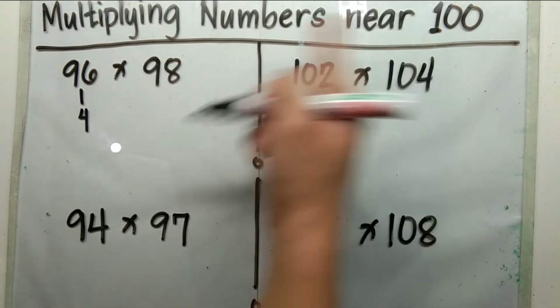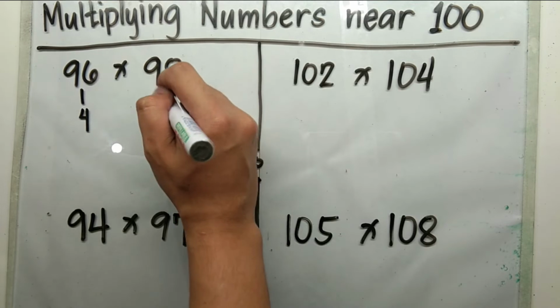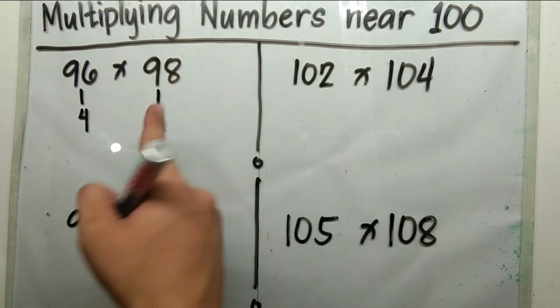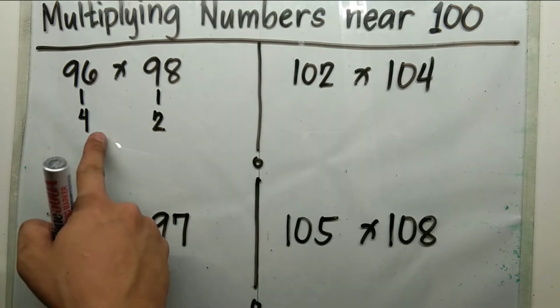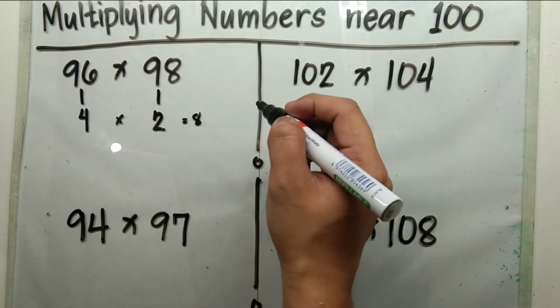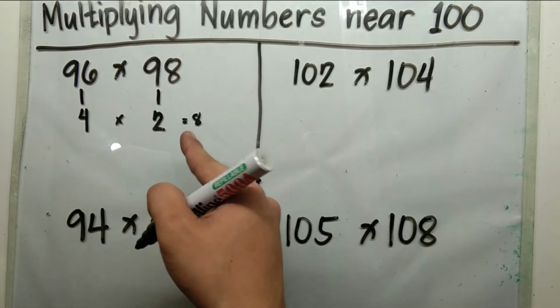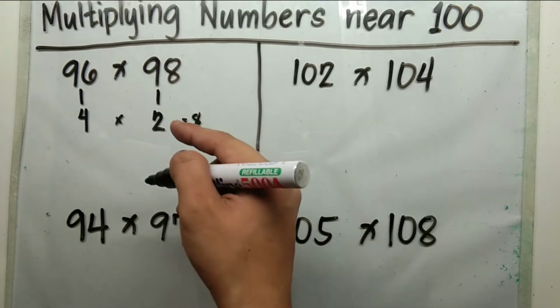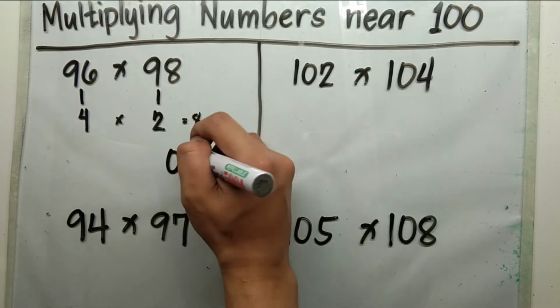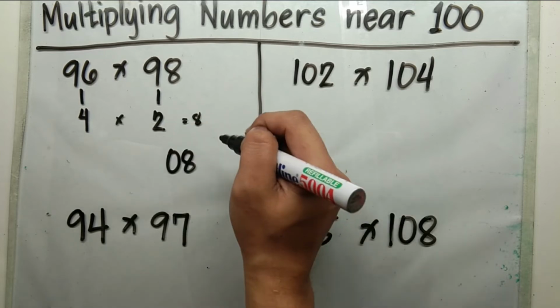Next, 100 minus 98, that is 2. After that, multiply these two differences. 4 times 2, that gives you a value of 8. This value will serve as the tens and units digit of our answer. So here we will write 0, 8.